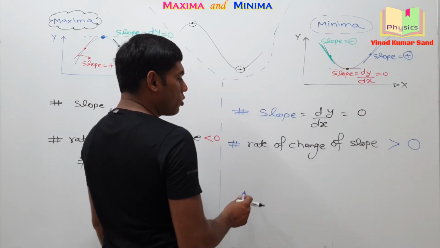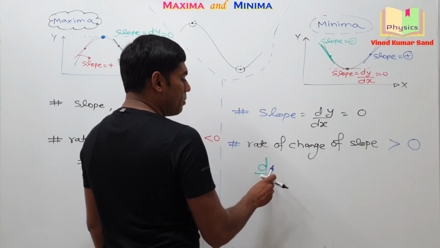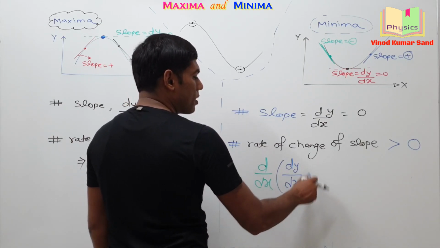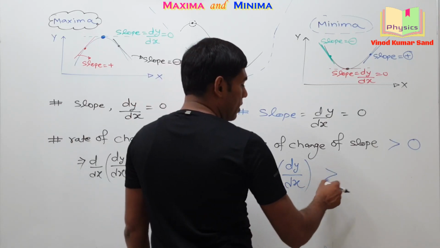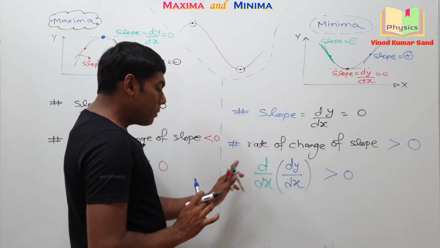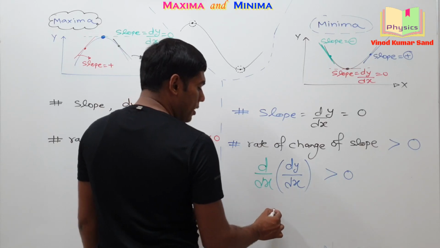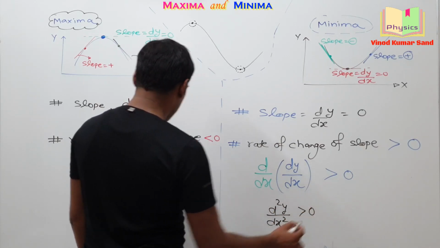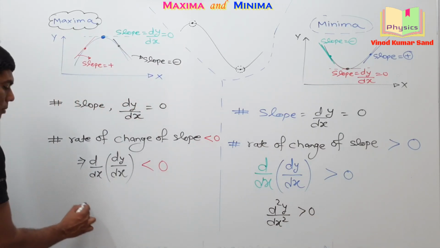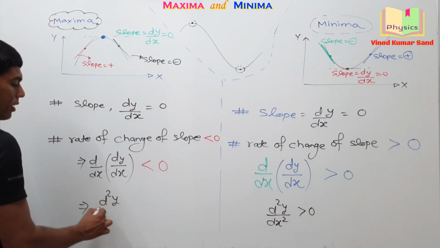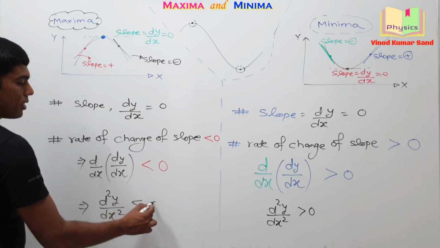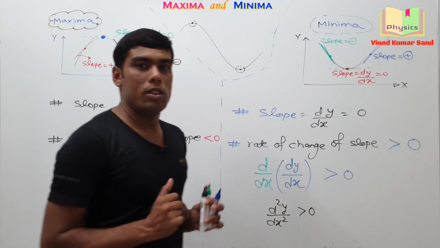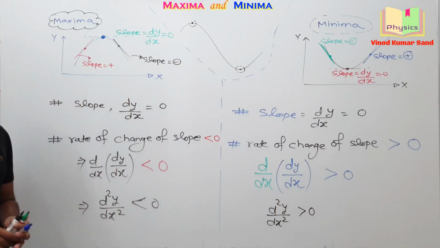The rate of change of slope can be written as d by dx of dy by dx. It should be greater than 0. Mathematically, you can rewrite this as d2y by dx square greater than 0. And the same thing for maxima can be rewritten as d2y by dx square less than 0. I'll be taking numerous good questions to illustrate all these things. You can write up to here.